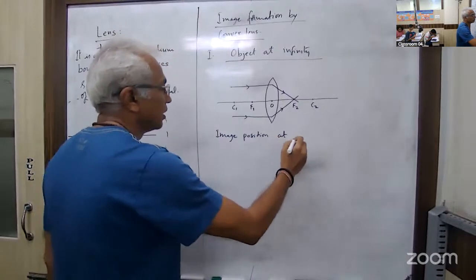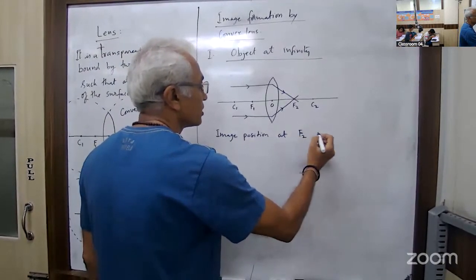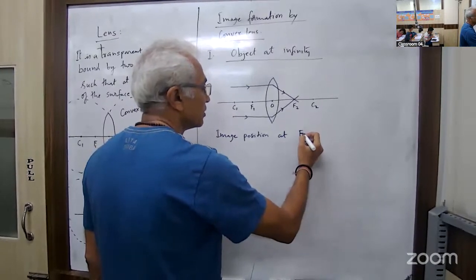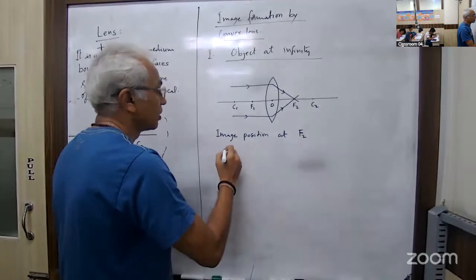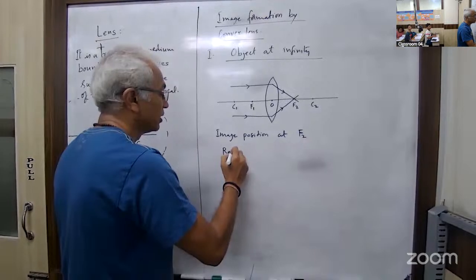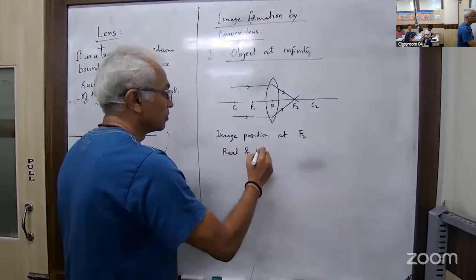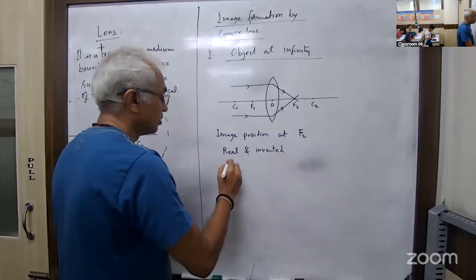At F2. F2 is behind the lens, right? Then what is the nature? Highly real and inverted. So highly diminished.